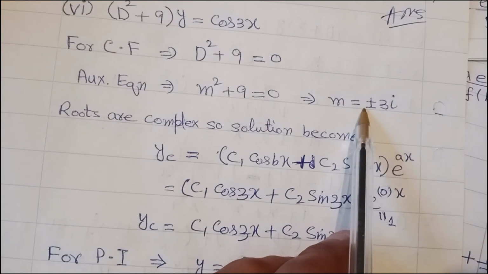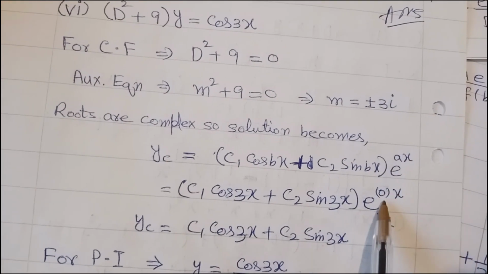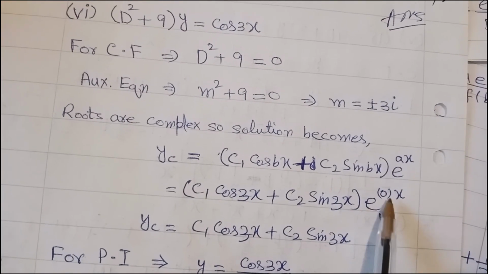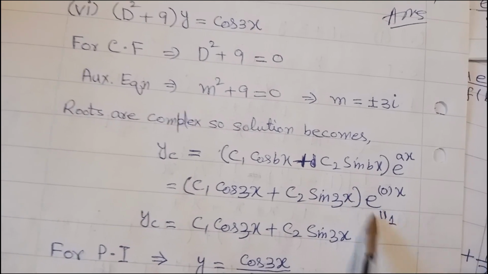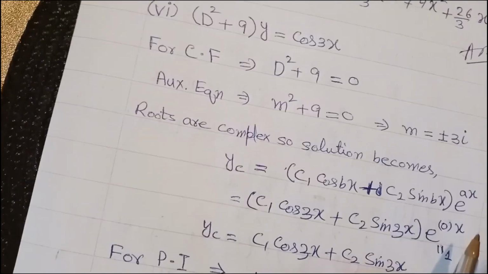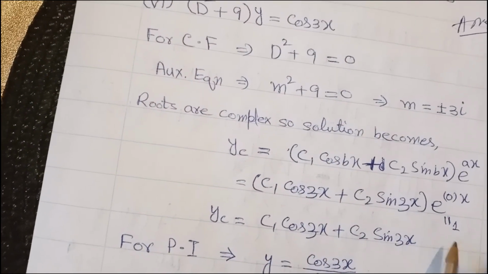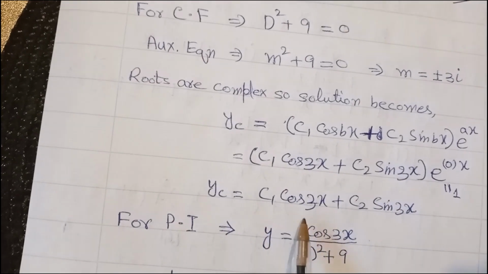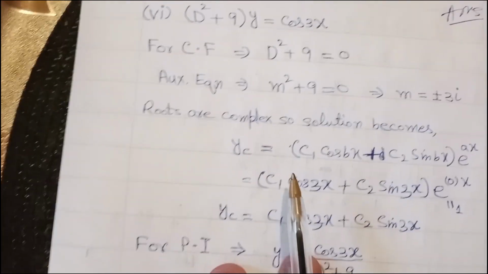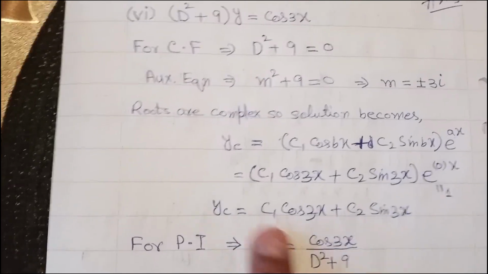Because a is 0 here, we will write exponential 0x. So exponential power 0 will be equal to 1, so this entire factor will vanish because its value is 1. So 1 will multiply the whole term, that will be yc is equal to c1 cos 3x plus c2 sin 3x.